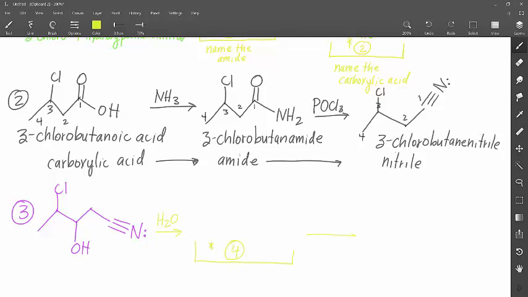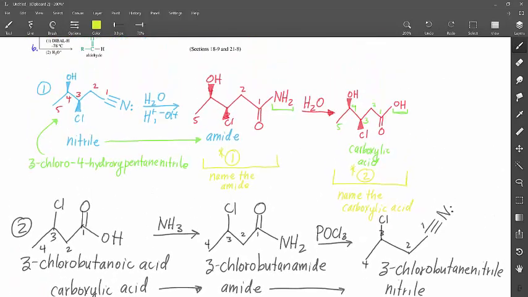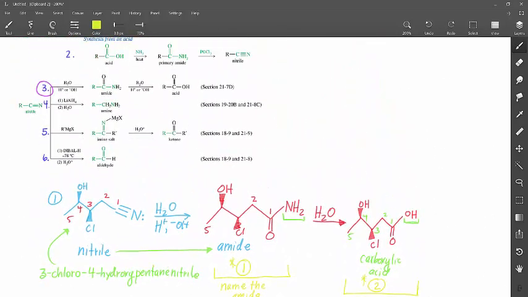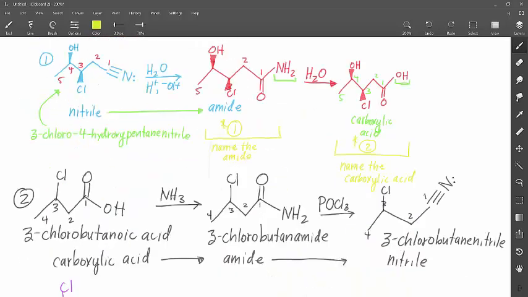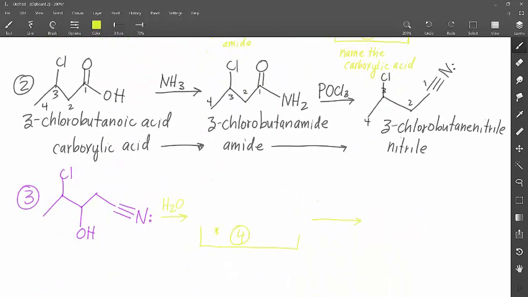And then I want the product again when it undergoes hydration again here. I want that carboxylic acid product. So I want the structure and name.